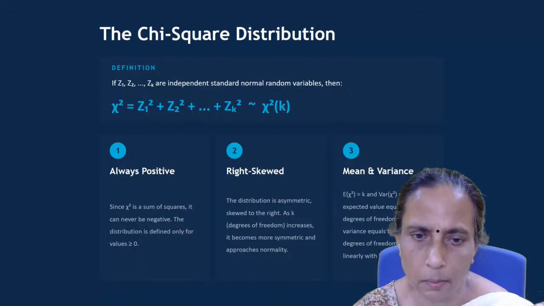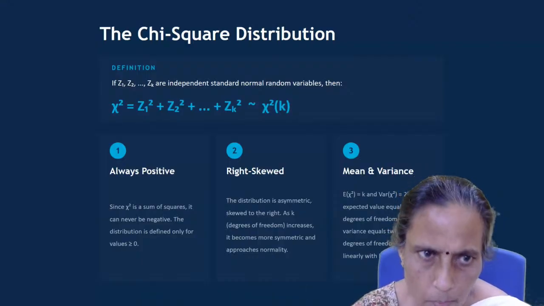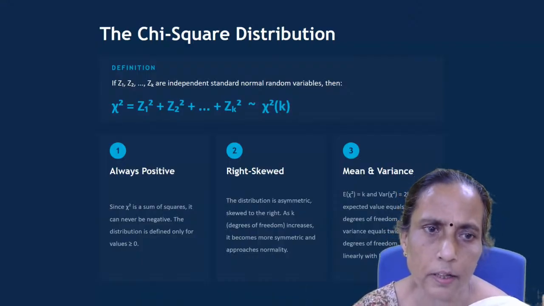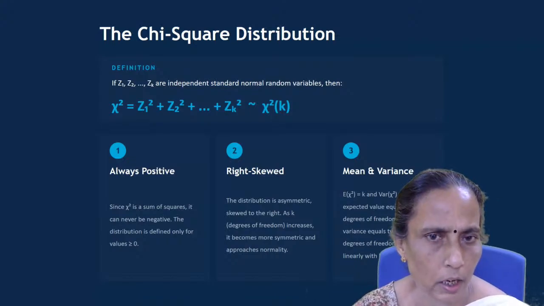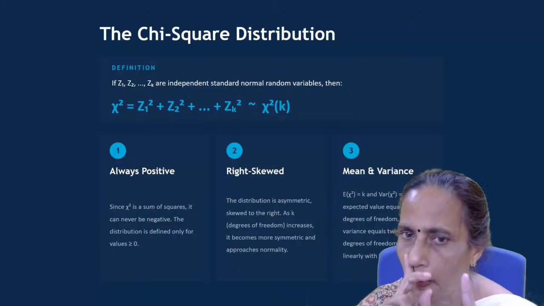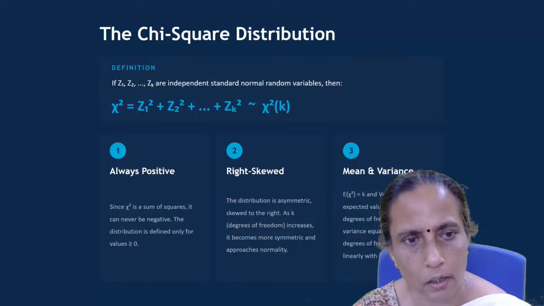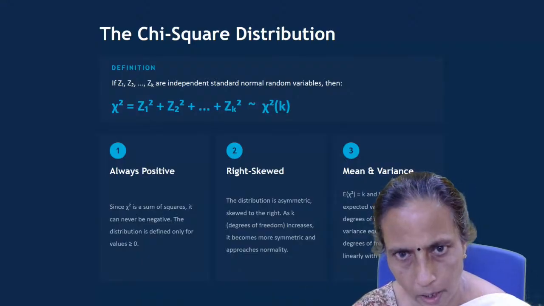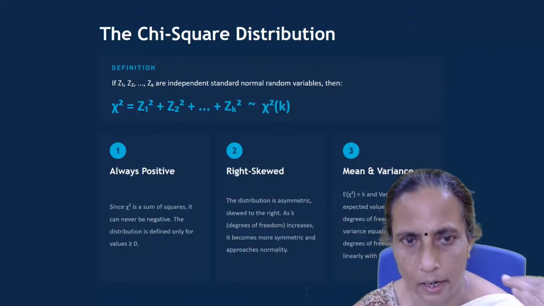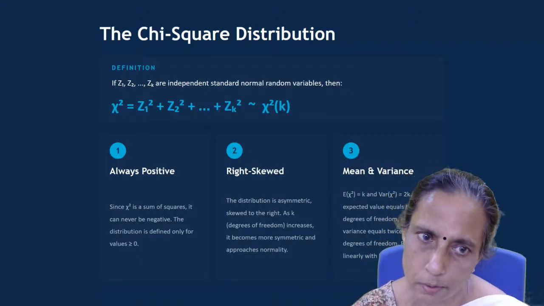So over here we are simply discussing the chi-square distribution. The definition is that Z1, Z2, up to Zk are independent standard normal random variables. By standard normal random variables I mean each of these random variables is drawn from a standard normal distribution.